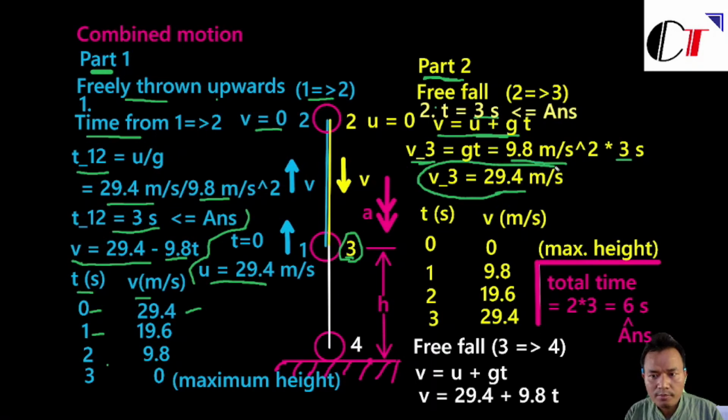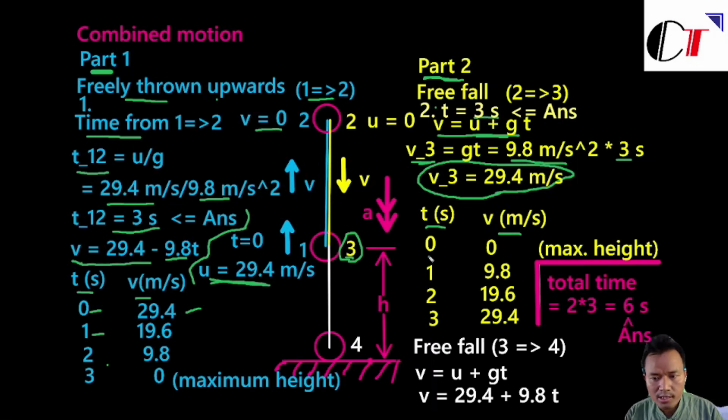And of course, if you look at it, it agrees with our theory. The speed after the particle falls back and passes through the initial height is v3 equal to 29.4, which is exactly the same as the speed at the initial release. And again, even though the speeds are the same, the velocities are not the same. One is vertically upwards, another is vertically downward. Now again, if you tabulate, you have the time and the speed.